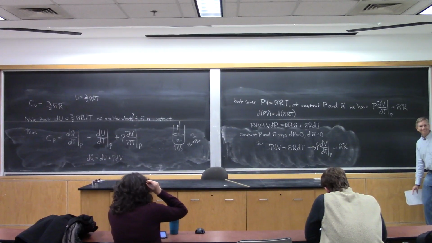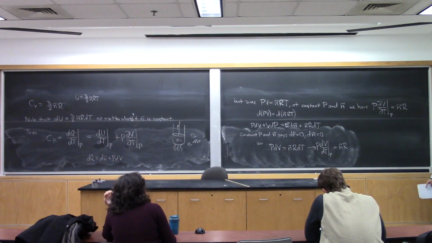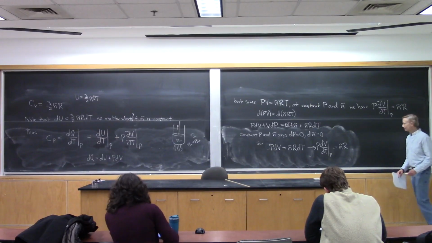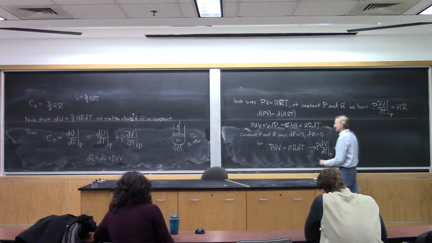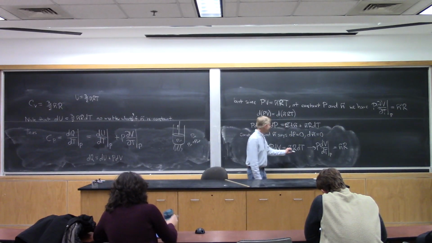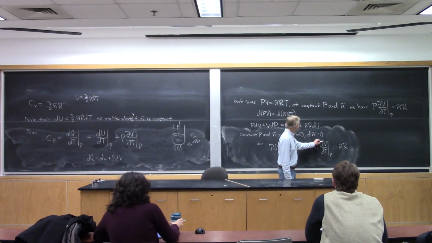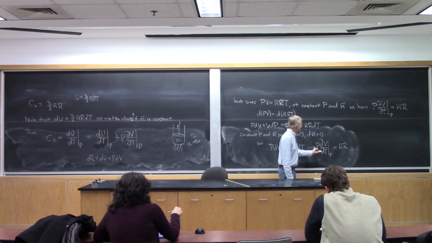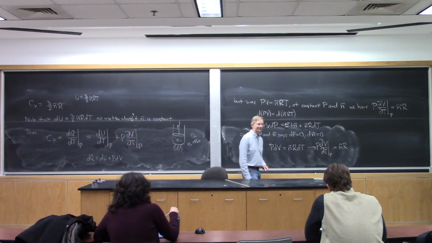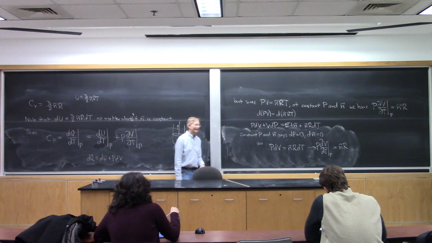So why is that partial? I'm being a little sloppy here. Here are my little d's, and I just kept them there. So if you like, they get promoted to partial derivatives because of that.